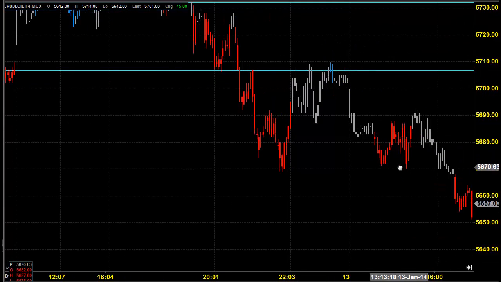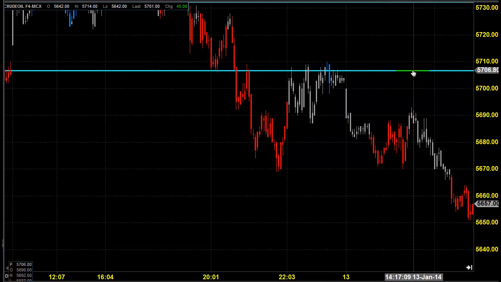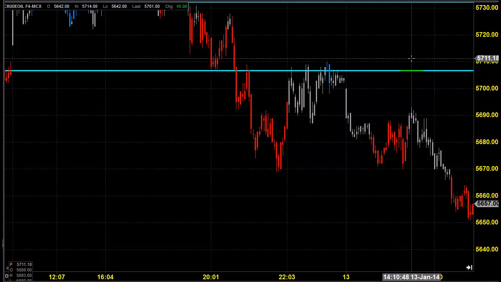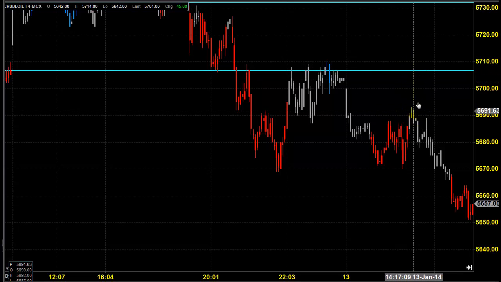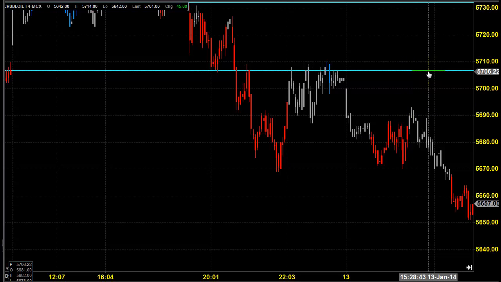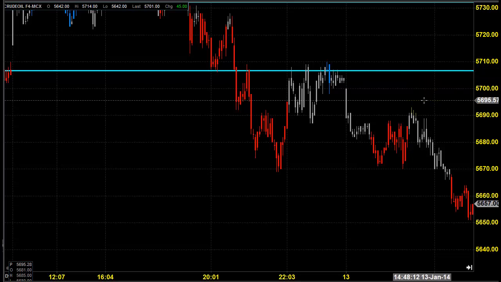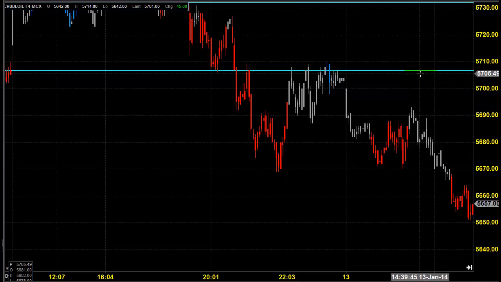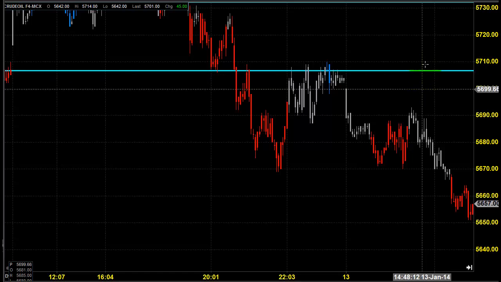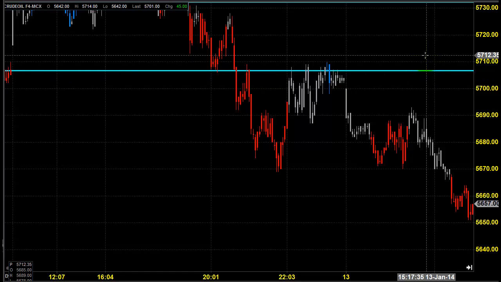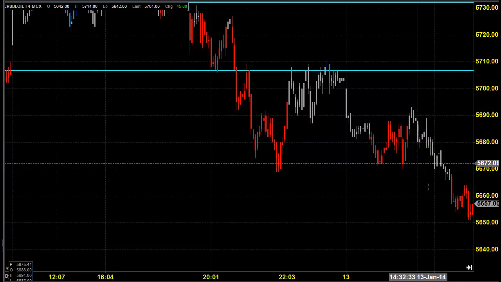So the price continuously is dropping, finding some resistance around 5706. The price even could not go and test the resistance zone of 5706. Whenever we say a support or resistance, it is not a single line, it is a zone. So it should include plus or minus few points above and below the marked resistance zone or the support zone.